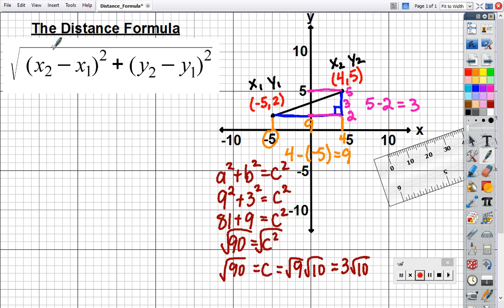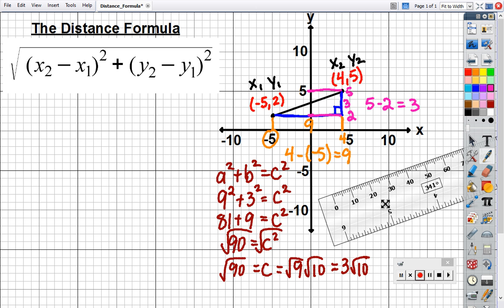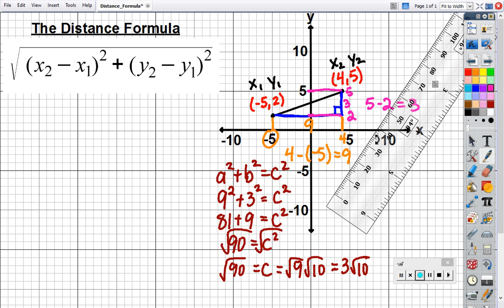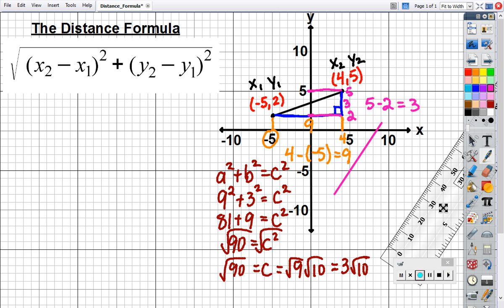Now we're going to see how this is going to save me some time when I do example number 2. Okay, that looks like some nice points right there. Let's use those. So here we go. I have the point (3, -8), and my second point is (9, 1).